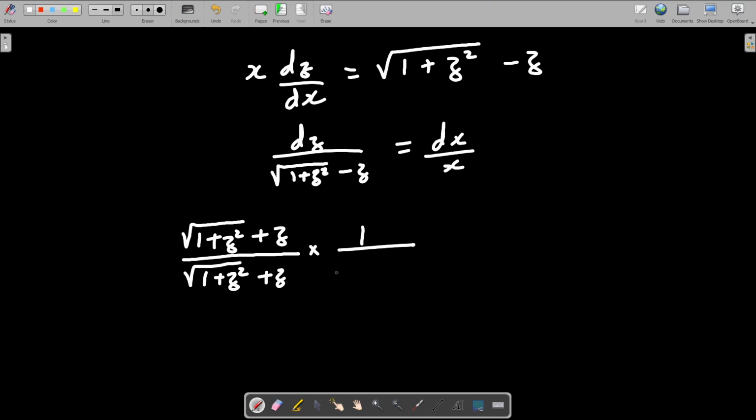Because both these terms anyways cancel. So root of 1 plus z square minus z. Okay, how do you decide the term for the rationalization? If you have 1 upon a minus b, you take 1 upon a plus b and vice versa, right? And this dz is equal to ln of x plus c.